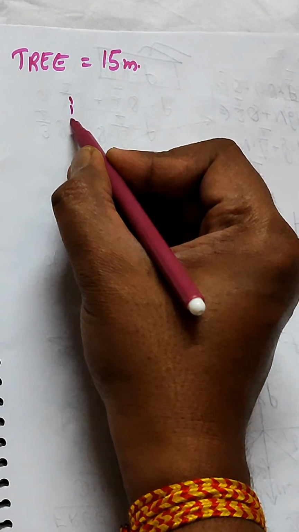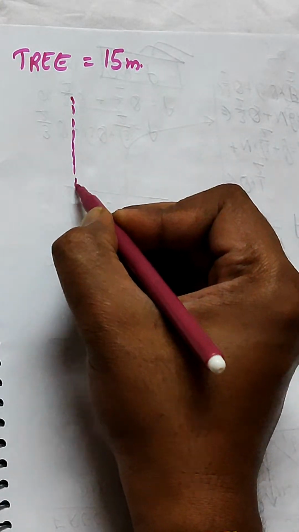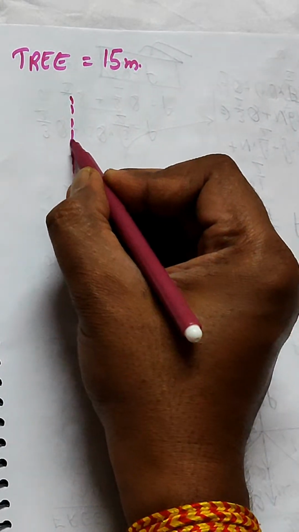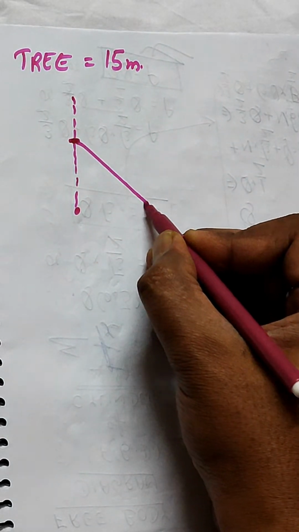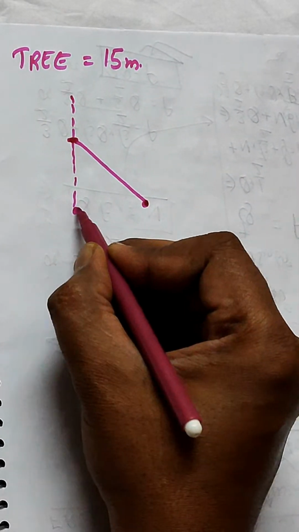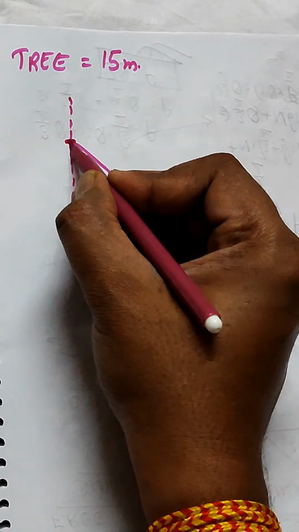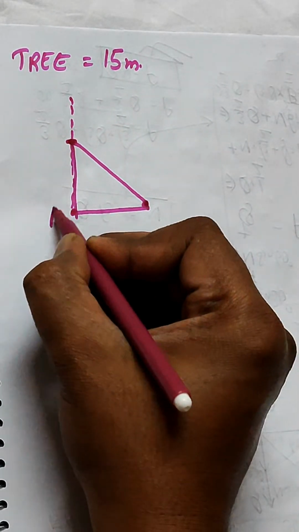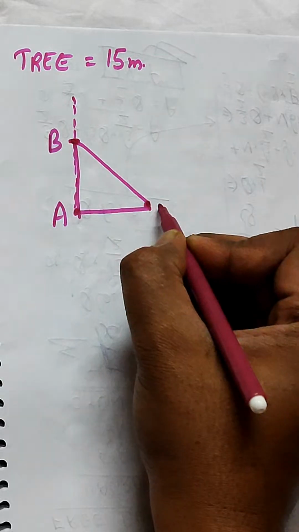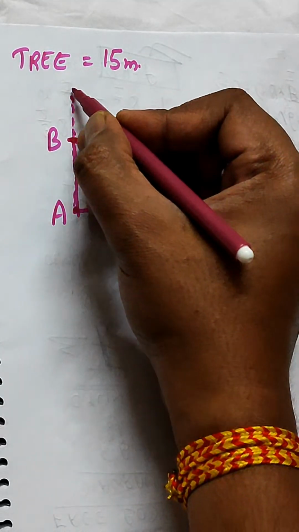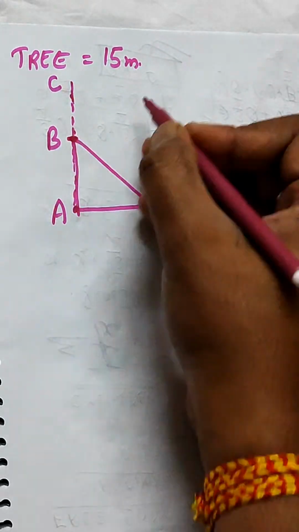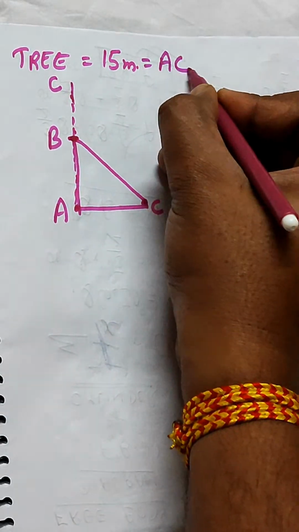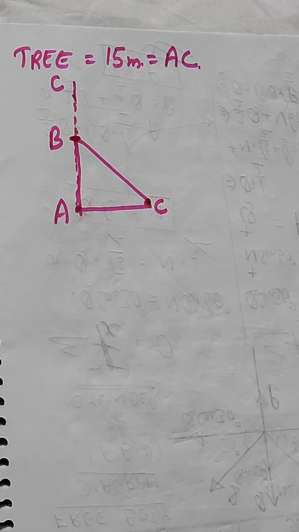So if this was the tree, this was broken from here, and this is the top portion which is touching the ground. So you can see, if this is A, this is B, this is C, then AC was equal to 15 meter, right?